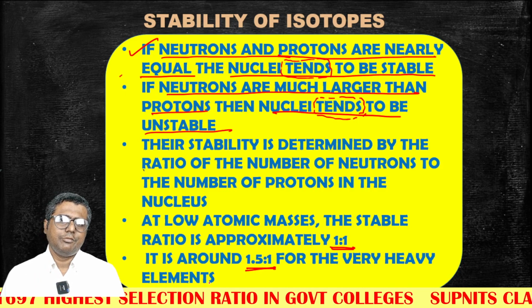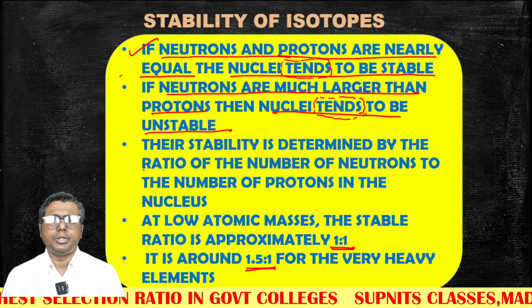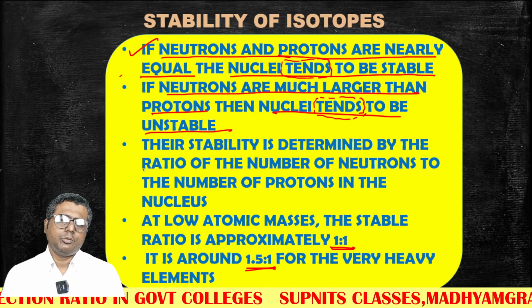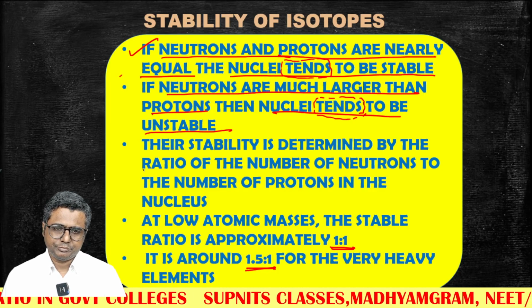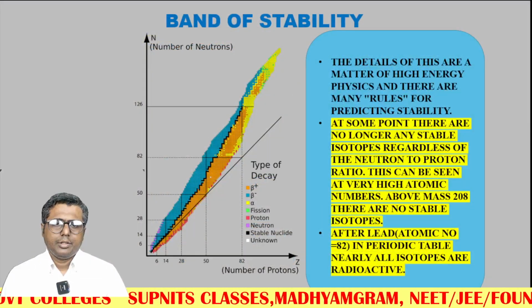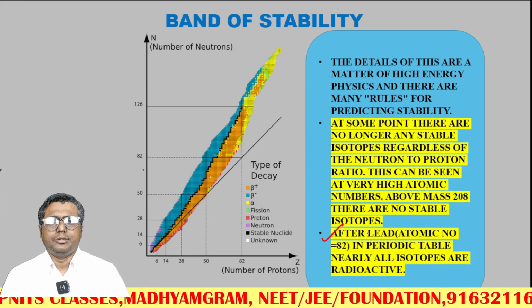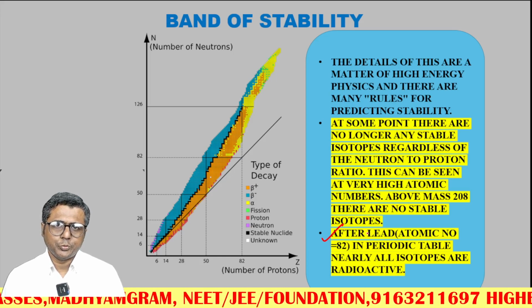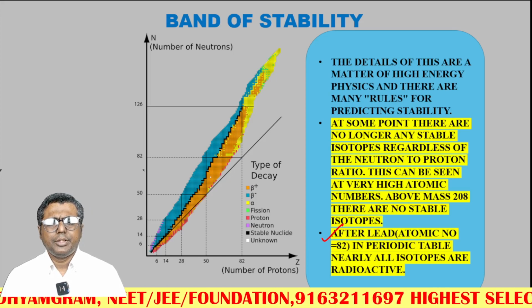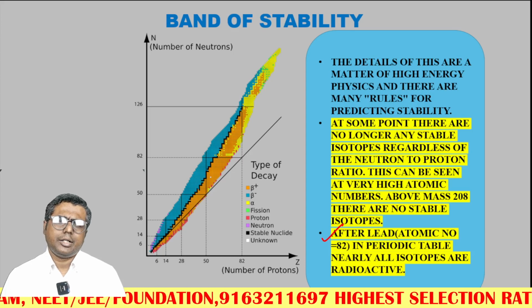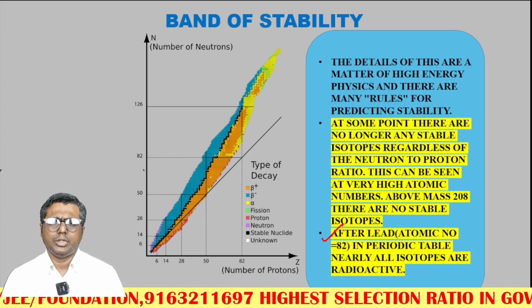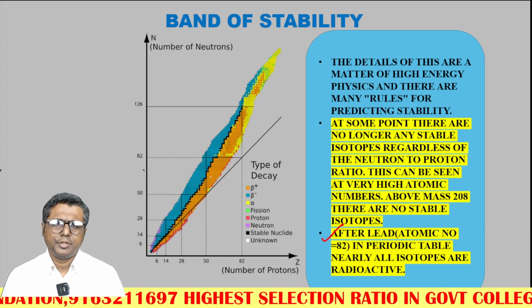So for heavier elements it can go to 1.2, 1.3, even up to 1.5, and it may not be radioactive. After lead, which has atomic number 82, nearly all the isotopes in the periodic table are radioactive. So, you have to know this.